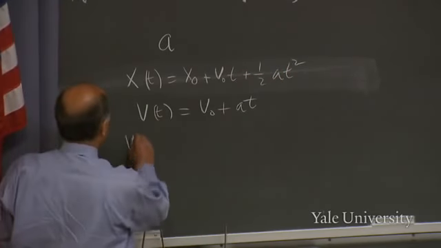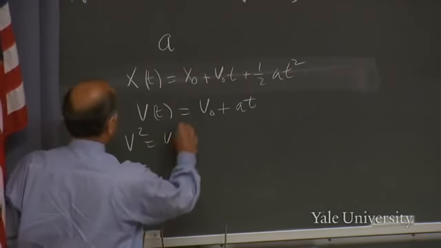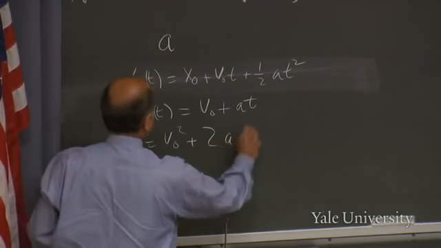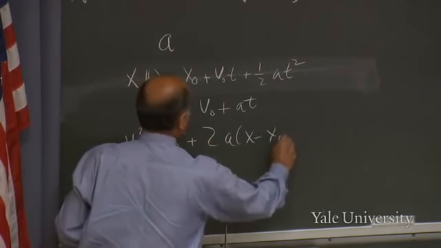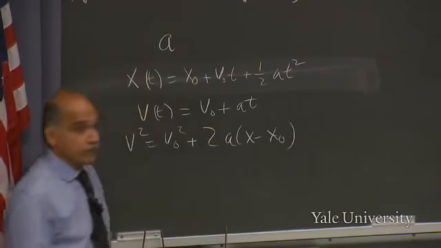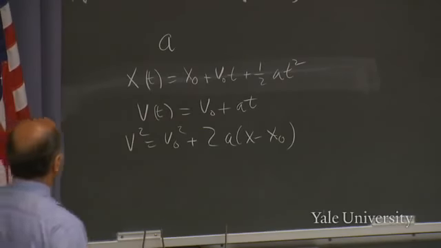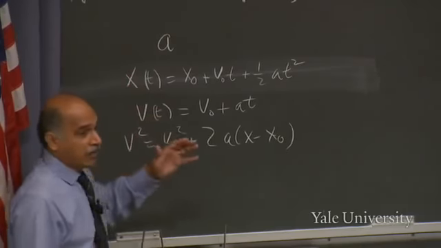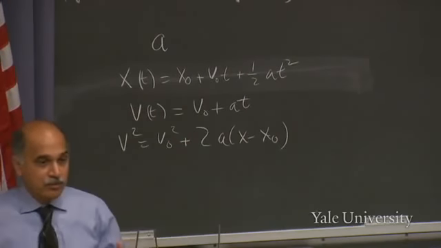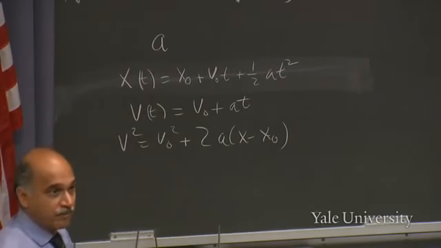By doing it, I got this formula. This is a matter of simple algebra of taking this and putting it here. But I showed you in the end how you can use calculus to derive that.